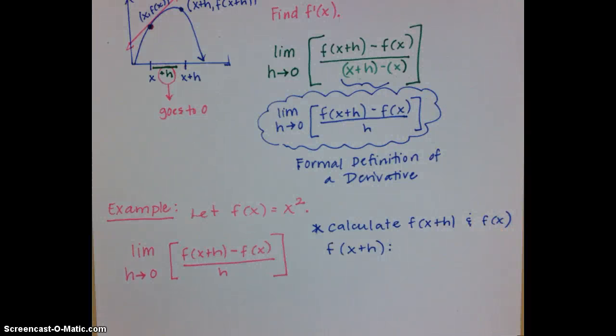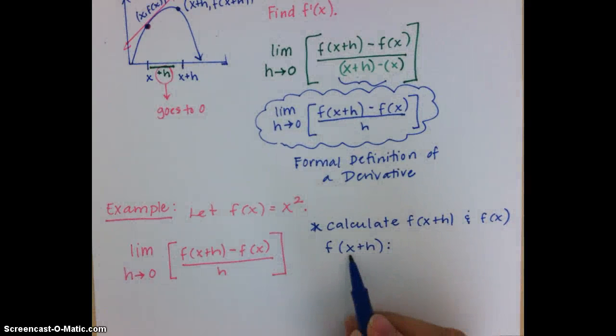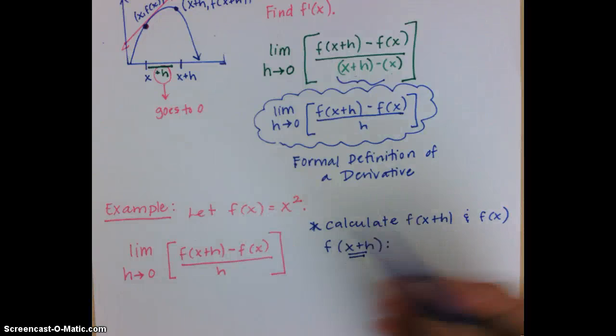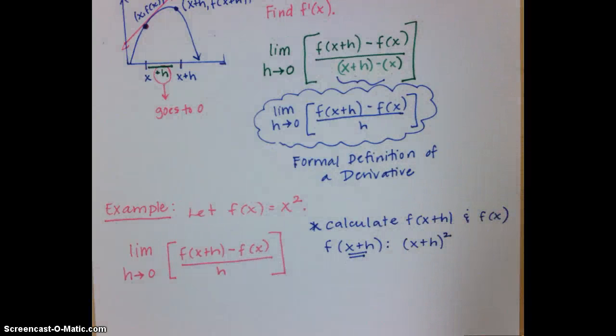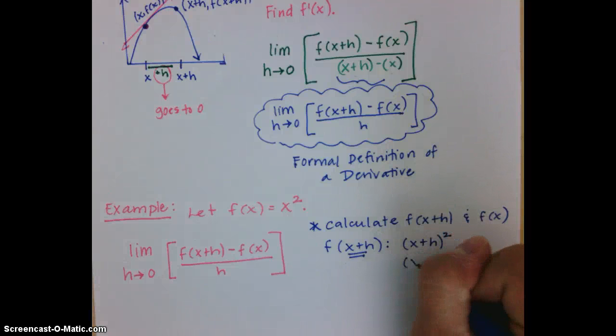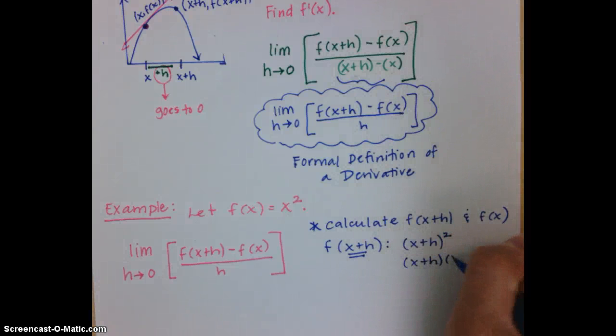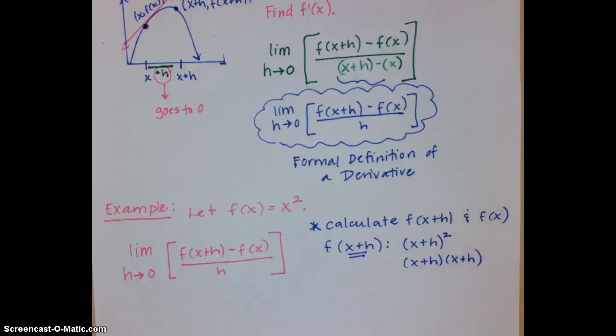I want to figure out what f of x plus h is. So that means that I'm taking x plus h and I'm subbing it into my original function f, which is x squared. So what that looks like is x plus h squared. Now we do actually want to multiply that all out, and so you'll have to remember quickly how to square binomials such as these, and I'm sure once you do a few of them it'll all come back.